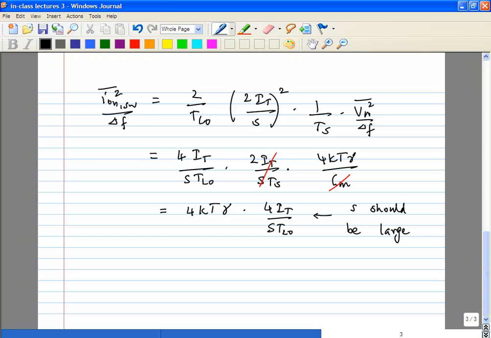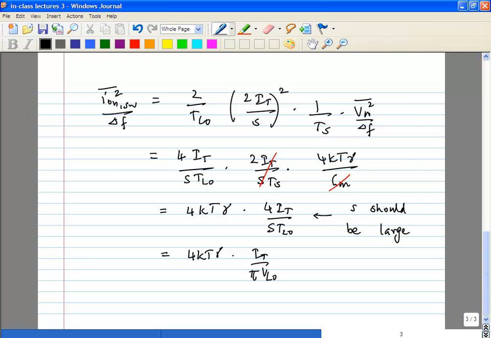For linearity we saw that S should be small, because the displacement current depended on d of VLO minus Vx over dt. Remember that, right? So what else do we know for a sinusoid? If you have a sinusoidal input, you can find the slope at the zero crossings, and it turns out to be IT over pi VLO.